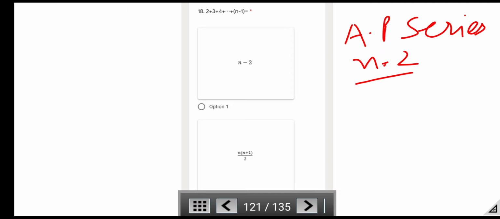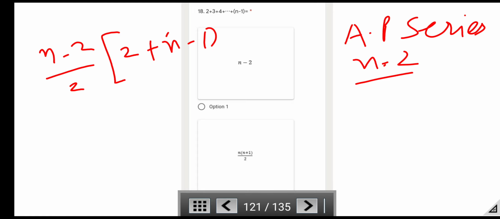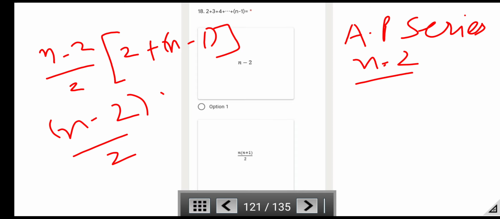So according to the sum of a series of arithmetic progression, the sum is equal to (n by 2), meaning (n minus 2) by 2, times (first term plus last term). The first term is 2 and the last term is n minus 1. Now solve this. We get (n plus 1)(n minus 2) divided by 2, that is option C is the right option.